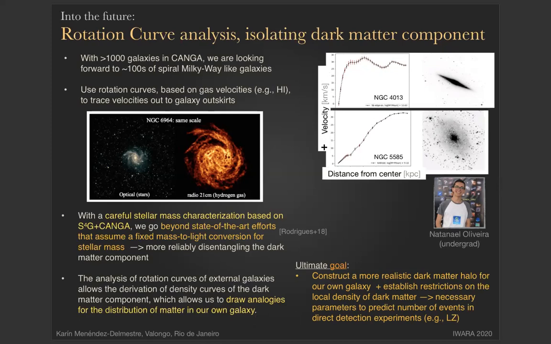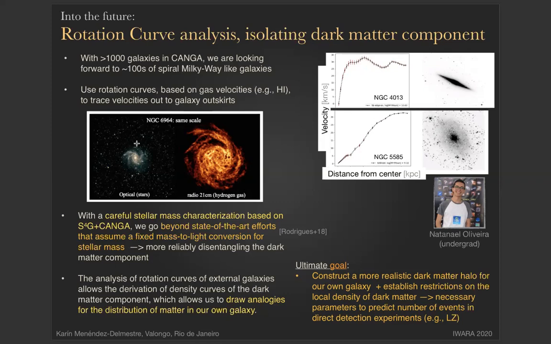These rotation curves that I'm showing you here are usually based on HI. This is atomic hydrogen that allows us really, if you see in these images here, this is in the optical, but the atomic hydrogen really stretches out to peripheral regions. So we can really get a sense of what the motions, the dynamics are in these extended regions that we don't see at all just by looking at the stars.